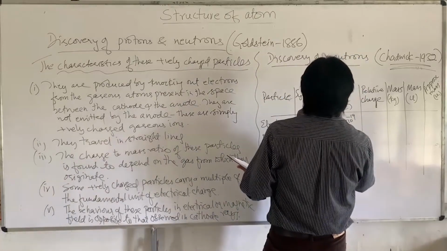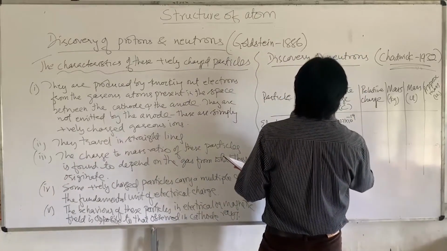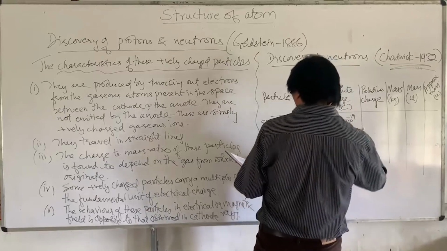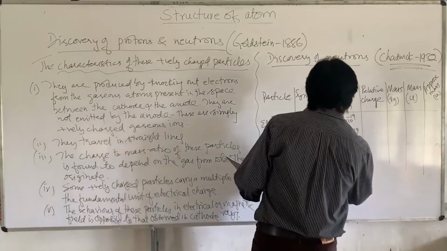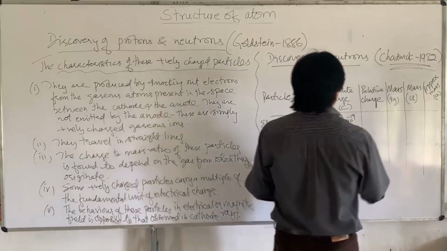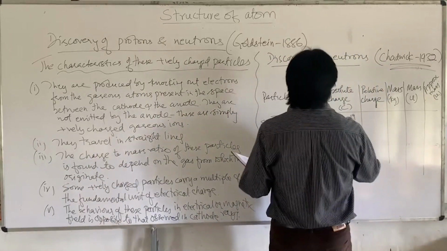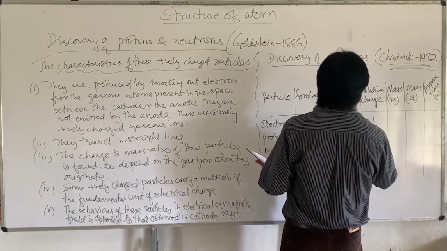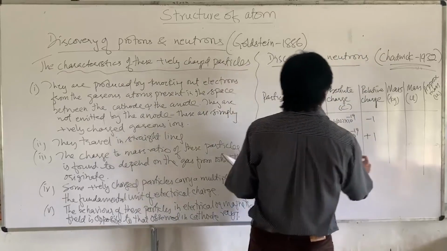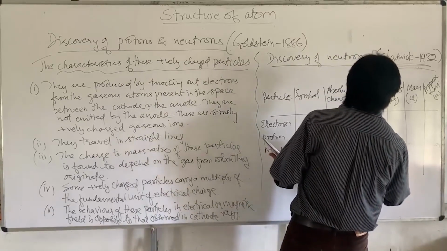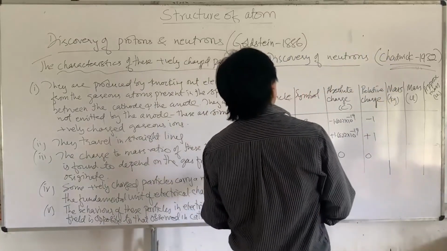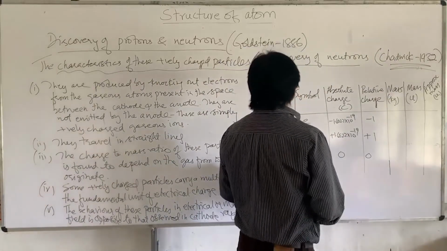For a proton, it is positive 1.6022 into 10 raised to the power negative 19 coulombs. The charge on a neutron is 0. The relative charge on an electron is taken to be minus 1, that of a proton plus 1, and for a neutron it is 0.